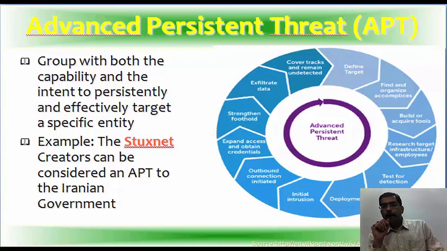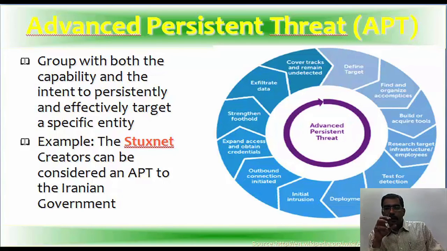Now, what actually happened? Define the target, find and organize accomplices, build or acquire tools, research target infrastructure and employees. You test for detection, then you deploy, then the initial intrusion happens, then an outbound connection is initiated from within that network.